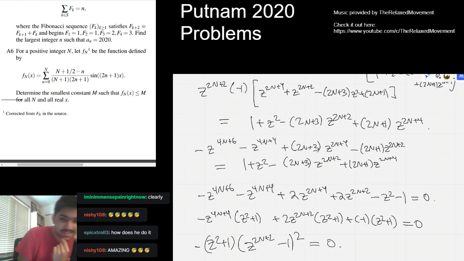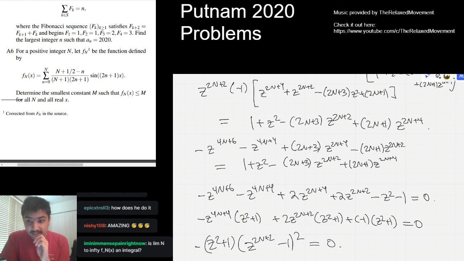Like, incredibly, even after we prove that n to infinity f and x an integral. Yes, probably. It is. It should be. It is. I don't see how that helps, though. Because you still have to find the local maximum of f and x for all n.